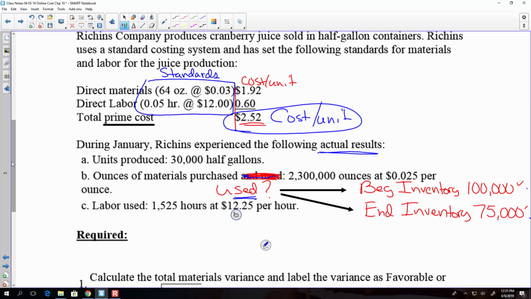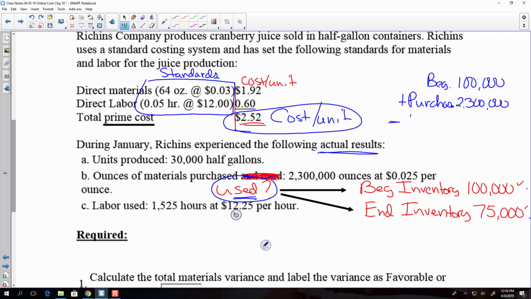So if I were to look at how much did I use in the period, I would take my beginning of 100,000. I would add my purchase level, which was 2.3 million.